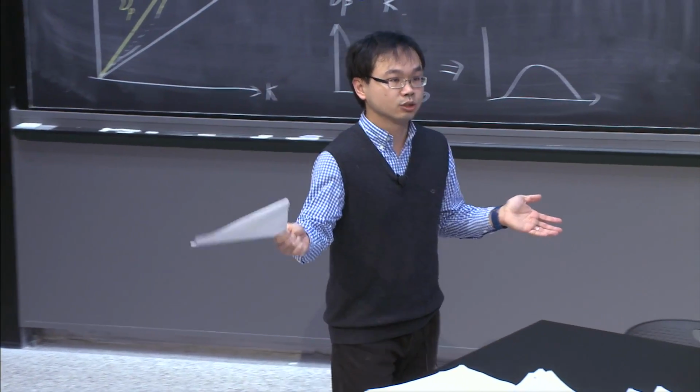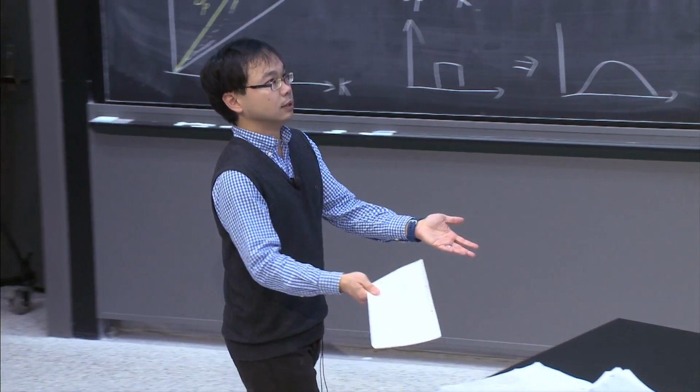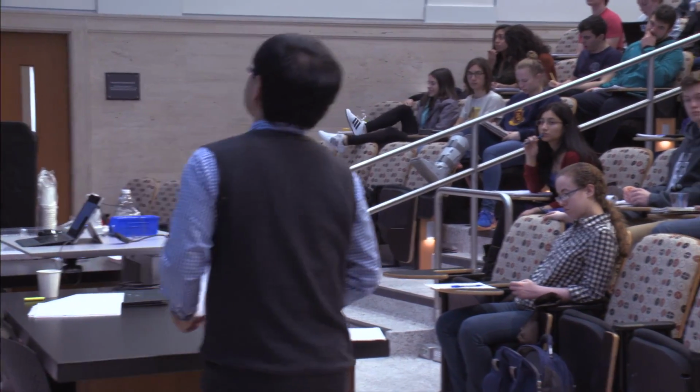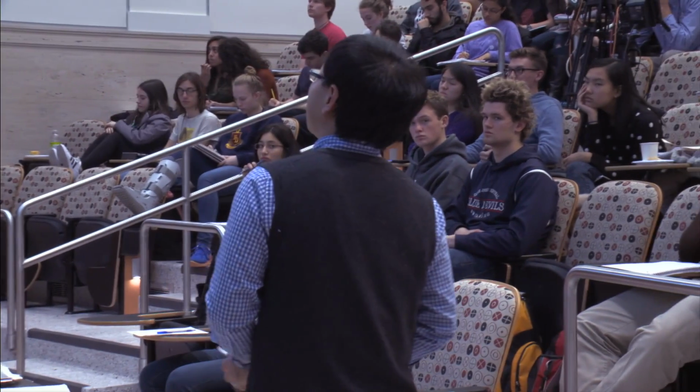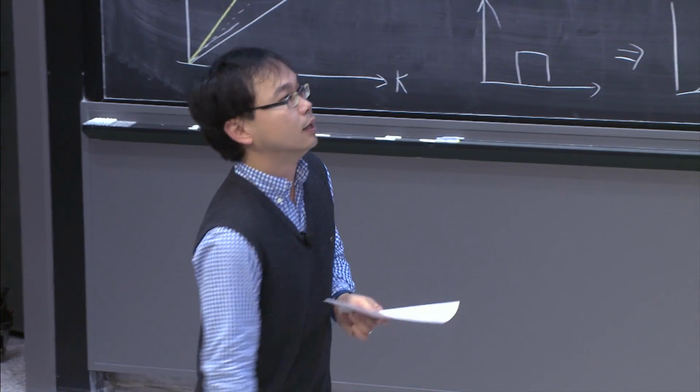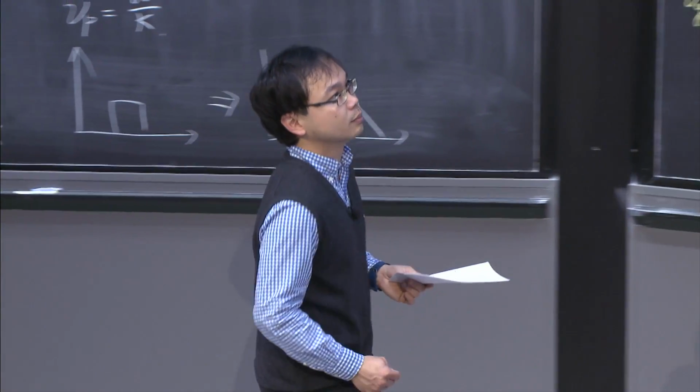And I'm not going to ask you to derive that in such a short time, like 3 hours in the final exam. But what is very important is to know why the refracted light is polarized, for example, and also why the transmitted wave is slightly polarized.